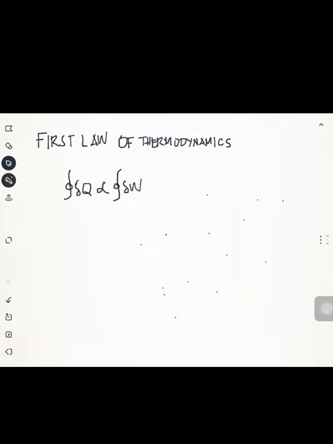In this case, we will use the inexact differential of Q and the inexact differential of W.